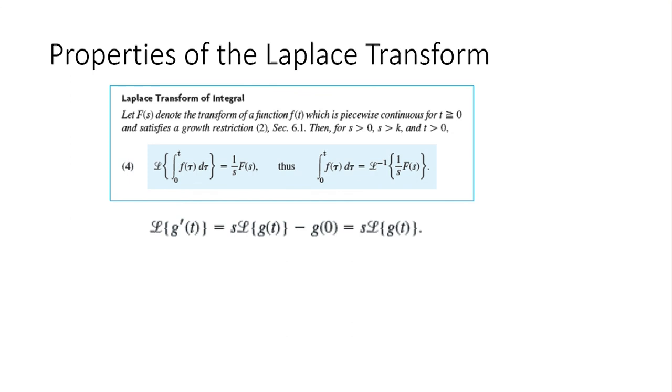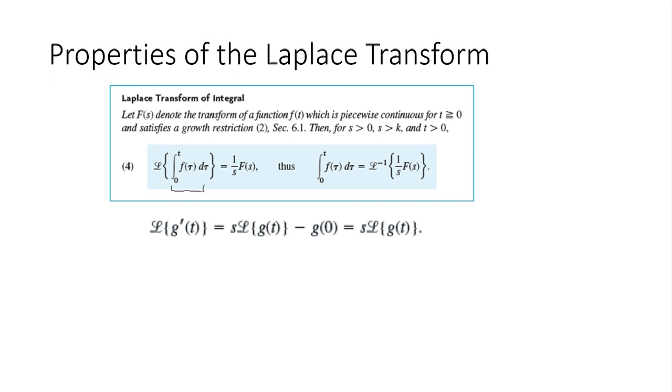Additionally, we can look to the Laplace transform property of integrals. If we need to take the integral of a function from 0 to t, keep in mind that in process control we can only control the future. We can't control the past, so it doesn't make sense to talk about time less than 0.